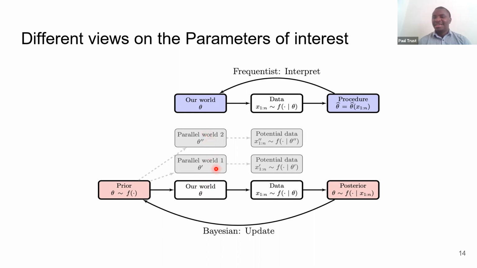Every expert has a different view of the parameter of interest, depending on the prior information. So you realize that in Bayesian statistics, one key thing that differentiates them is the use of prior knowledge.